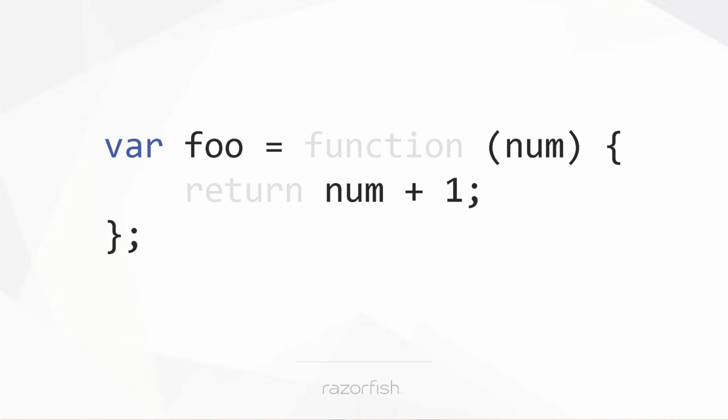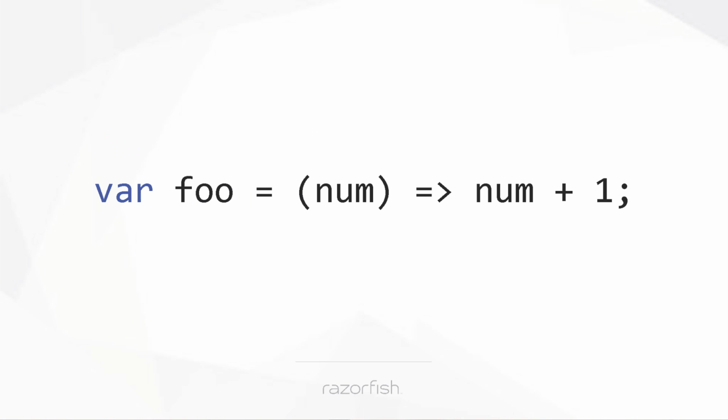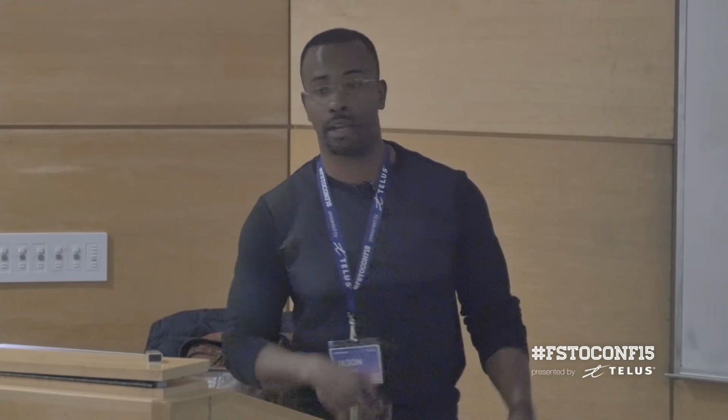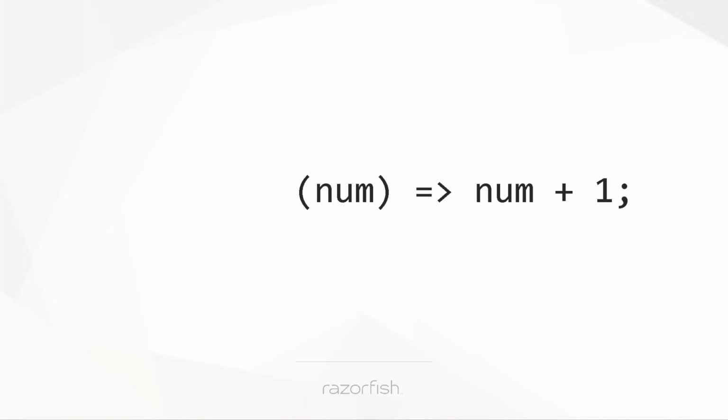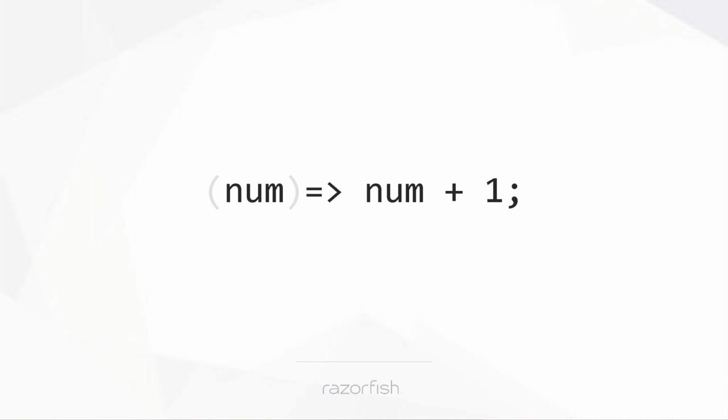You can take those things out and leave that, and it does the same thing in ES6. And that would be an anonymous function, one that doesn't have a name associated with it. And if you only have one argument, you can even take the bracket away.